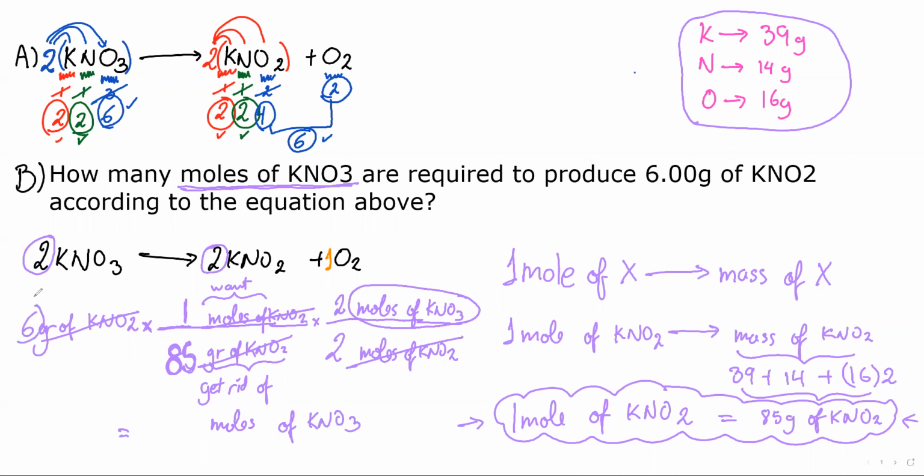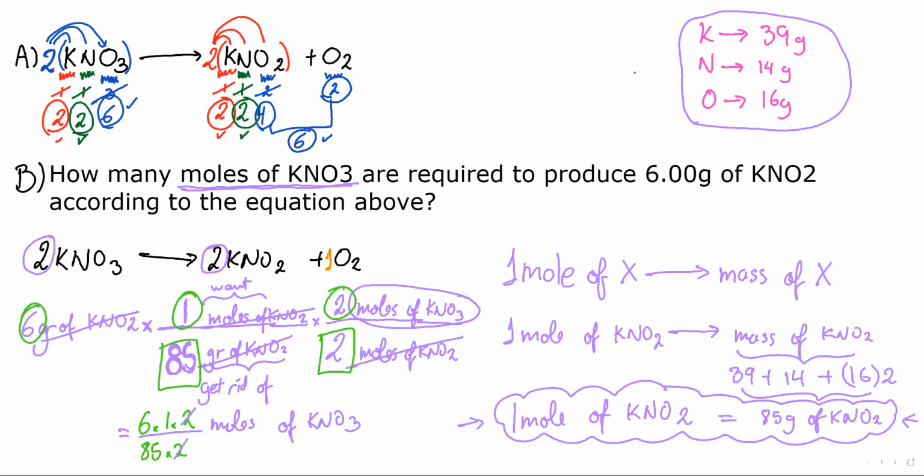You grab these 6. Let me use another color. So 6 times 1 times 2 on the top, and on the bottom, 85 times 2. You put the numbers on the top, and on the bottom, you put the numbers on the bottom. Then you just do the math.